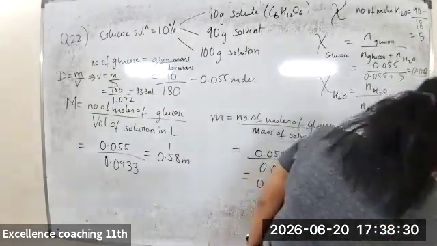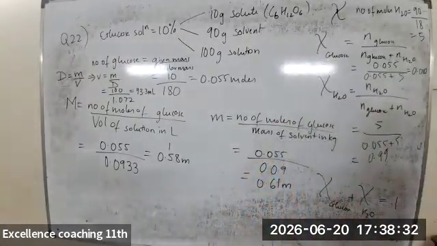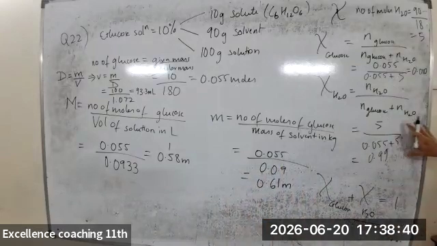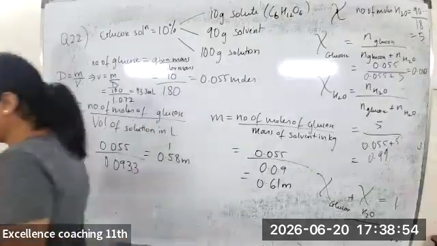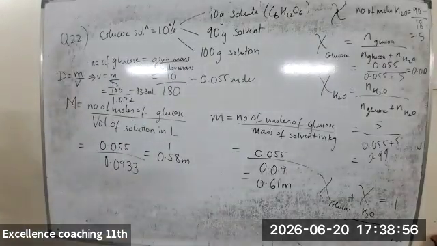So basically, you can do 1 minus your glucose, and then you will get your mole fraction for water. This also can be done, or you can do it separately, showing 5 upon the total, adding the number of moles of both entities. Understood? Any doubts? You have understood how to find the mole fraction?